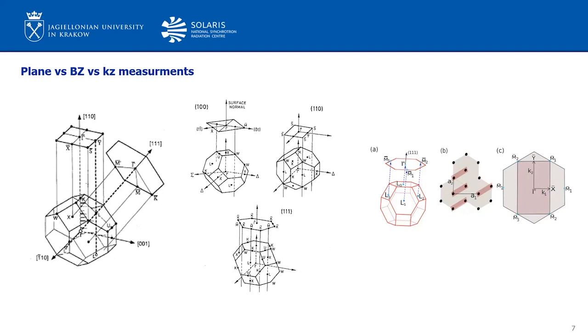This means that we will see the Brillouin zone differently depending on the exposition plane. Moreover, depending on the k_x measurements, we can change the photon excitation energy, and the projection onto the plane also changes.